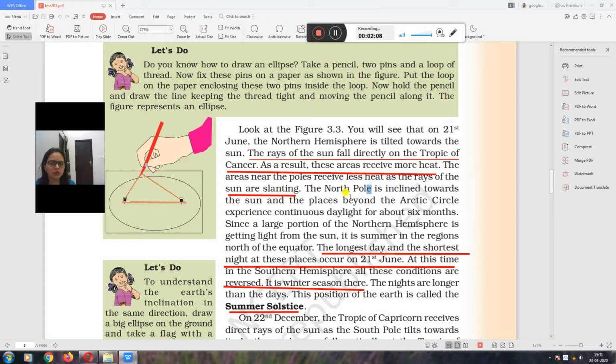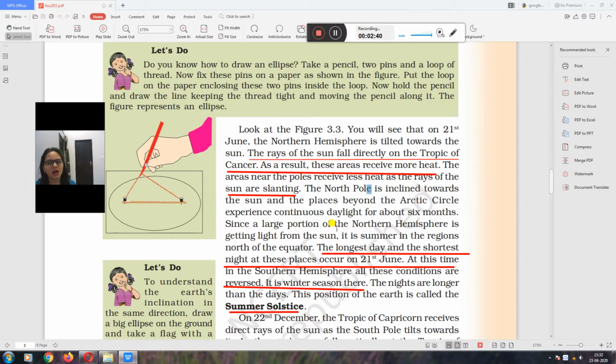The North Pole is inclined towards the sun, and the places beyond the Arctic Circle experience continuous daylight for about 6 months. Whenever our Earth's northern hemisphere faces toward the sun, the Arctic Circle, which is on the side of the North Pole, faces 6 months of daylight.